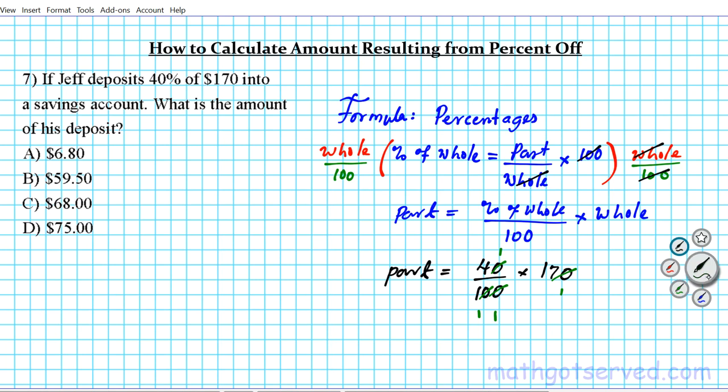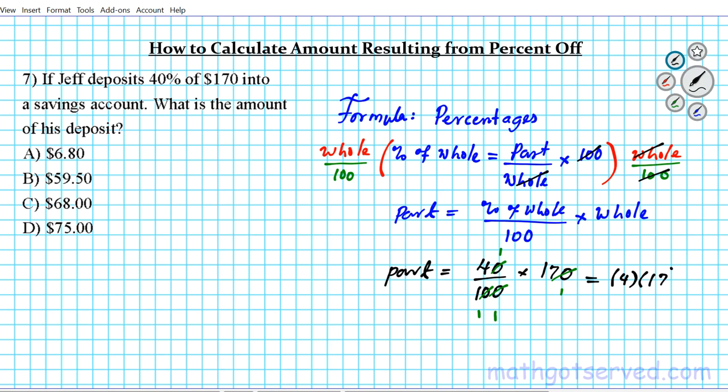Now we multiply our resulting fraction, which is 4 times 17. What is 4 times 17? That's 28 plus 40, which is 68. $68.